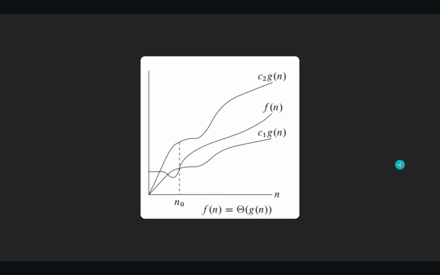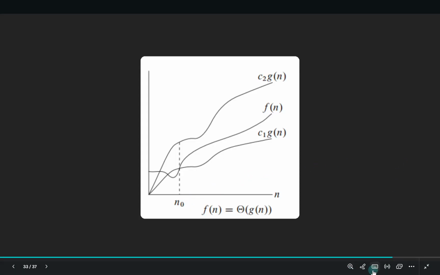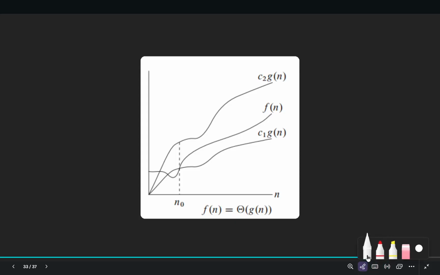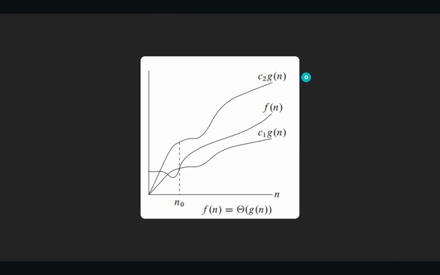Let's say there are two functions. We have this Cartesian plane, and over here this is Fn.